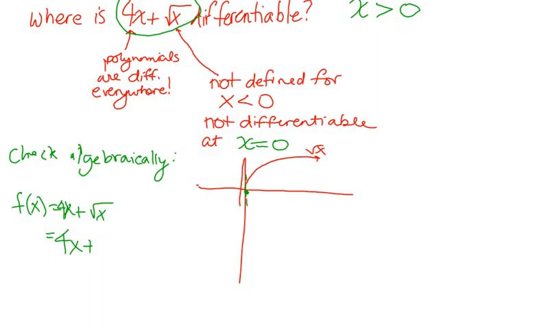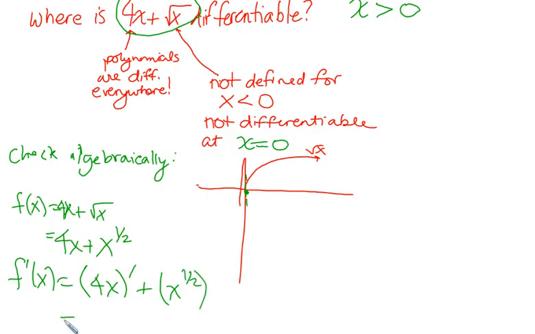What's the first thing we do to take the derivative here? Change the square root of x to x to the 1/2. Great. And then we're going to take the derivative of each of these pieces. We're going to take the derivative of 4x, and we're going to take the derivative of x to the 1/2. Well, what's the derivative of 4x? 4. Great.